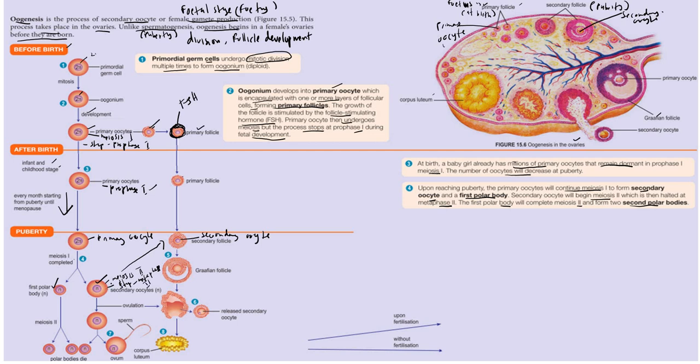It begins meiosis 2, which is then halted. Halted means stopped at metaphase 2. So meiosis 2 is still not complete. It just stops there.